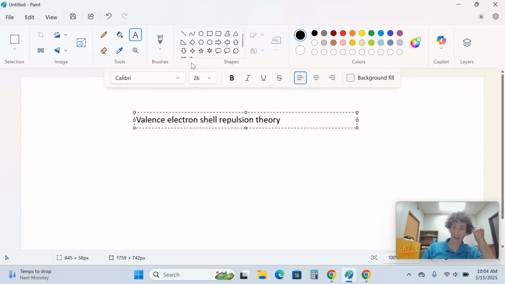Basically what's happening here is the electrons that are in the valence shell, the valence layer, do not want to be near each other because they're both negatively charged. This is a Coulombic repulsion. Two negatives don't want to be near each other. Two positives don't want to be near each other. That is basically what this is.